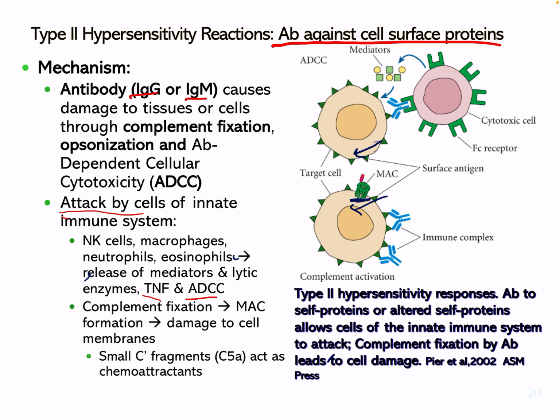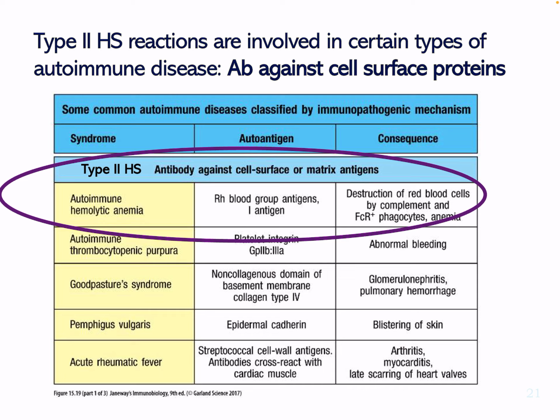We also have complement fixation, causing the membrane attack complex, which damages cell membranes. Then we have small C fragments, such as C5a, which act as chemoattractants. So it's essentially turning all the good things about complement and our antibody-mediated responses against our own cells, which is not good. These can be quite powerful responses. As you can see, some of these are quite severe diseases involved in type 2 hypersensitivity reactions. Again, the key is antibody against cell surface proteins.